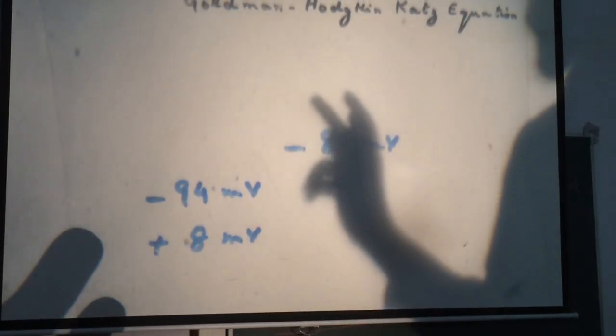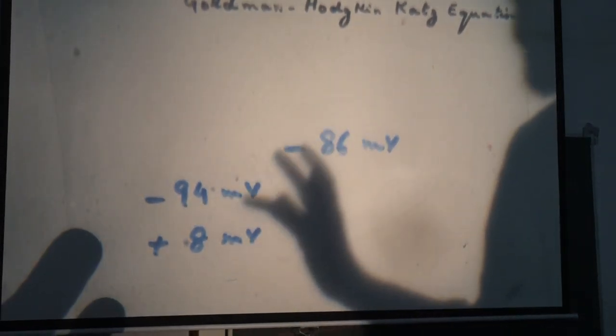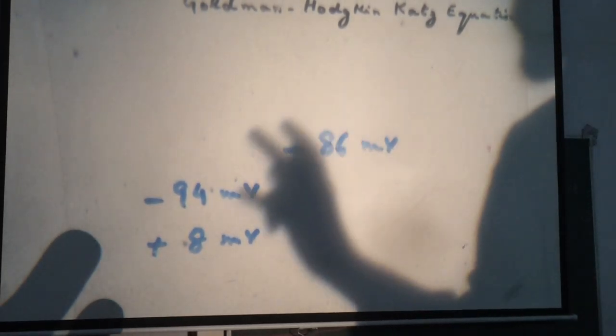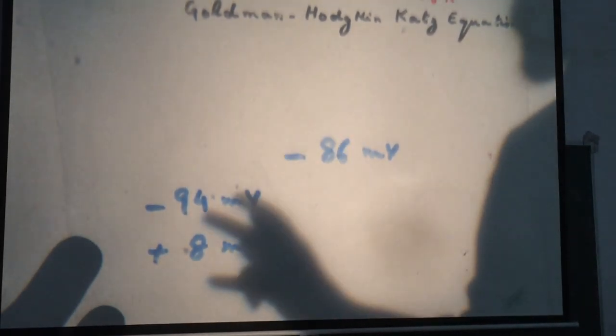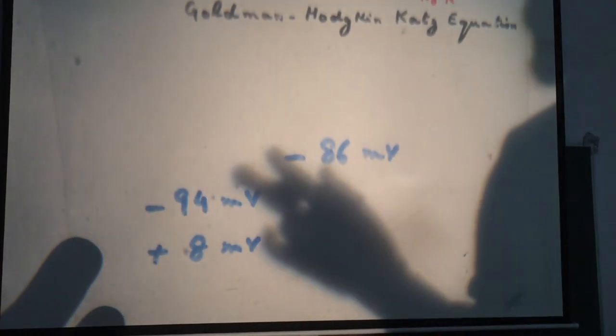So minus 94 millivolt is the Nernst potential for potassium, and plus 8 millivolt is the potential generated by inward diffusion of sodium.